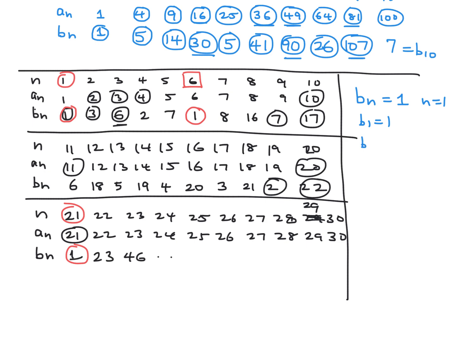And then b_6 was 1. And then b_21 was 1. Okay. I'm trying to see what kind of pattern this is. Plus 3. I really wish I had one more.